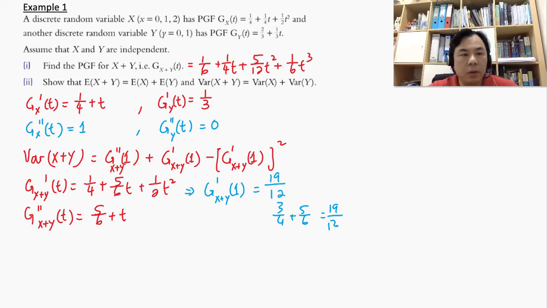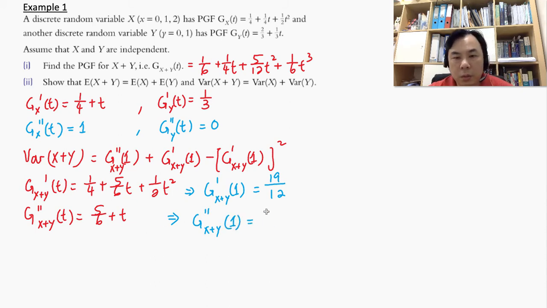All right, now that's correct. You can help me to check along the way. That will be the first result, and then the second result will be by letting t equal to 1 and substituting that into the second derivative. By putting 1 here, that will be easier. 11 over 6 then.